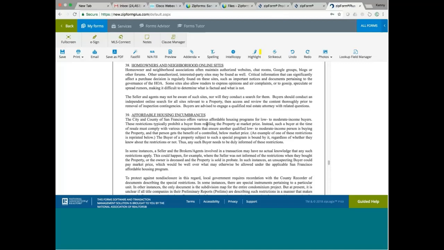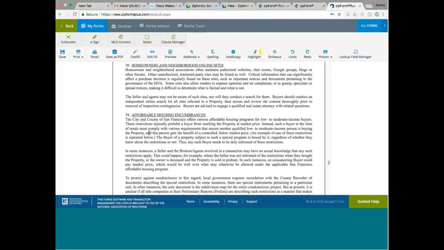Instead, such a buyer at the time of resale must comply with various requirements that ensure another qualified low to moderate income person is buying the property, and that person gets the benefit of a controlled below market price. An example of one of these restrictions is reprinted below.